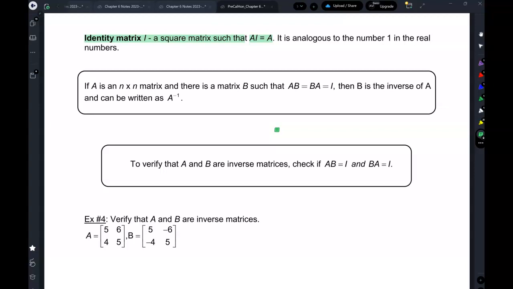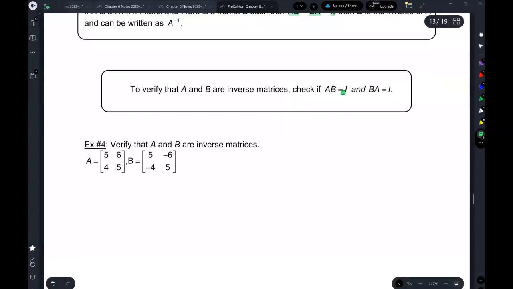Which means if you have two matrices that are inverses of each other, if you multiply them by each other, you get I, the identity matrix, okay? To verify that A and B are inverse matrices, check if AB equals I and BA equals I.